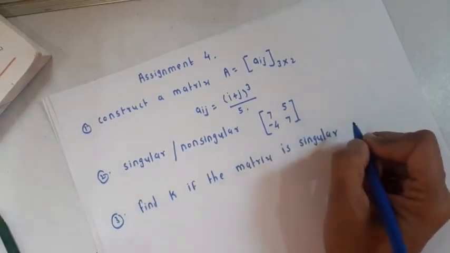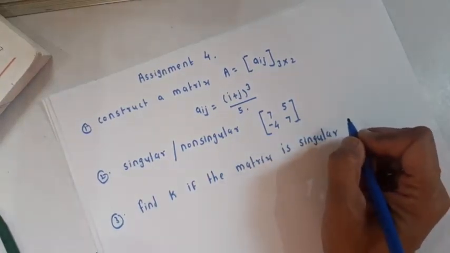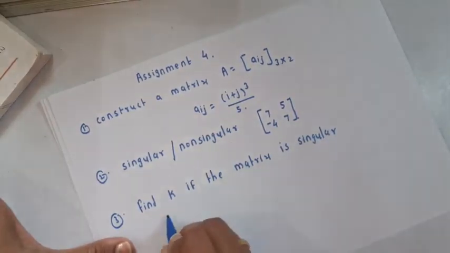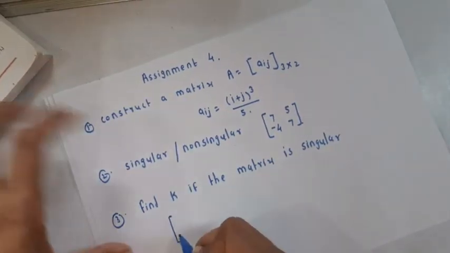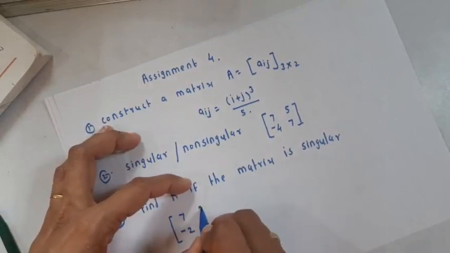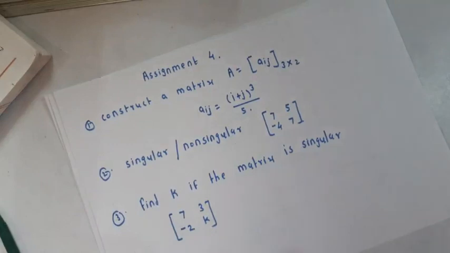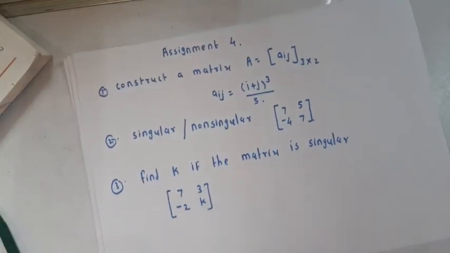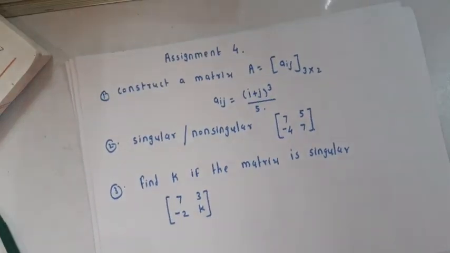Students, these are the assignment 4 problems, that is 7, minus 2, 3 and k. So these are 3 homework problems given as assignment 4, and again I will give you homework problems as assignment 4 till we finish the chapter. Okay.